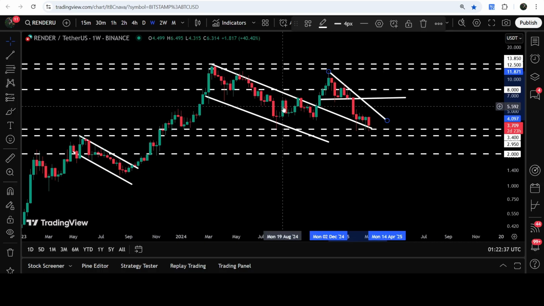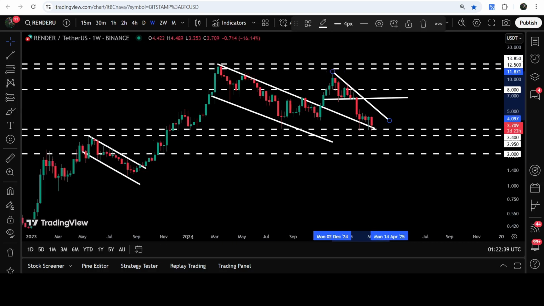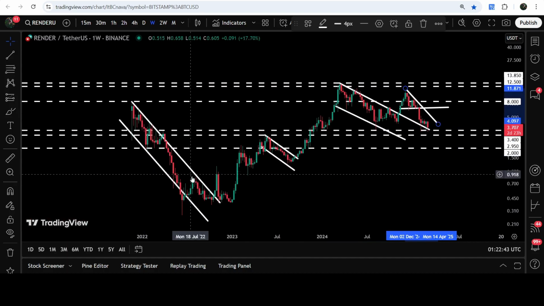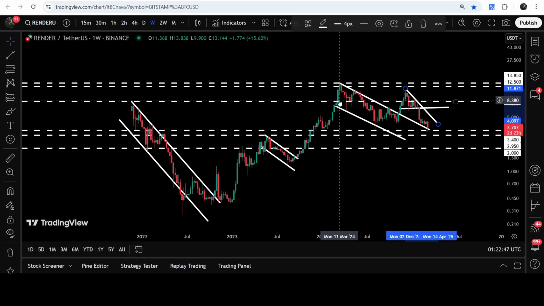And by the way, this $8 was also the target for the breakout from this previous and long-term down channel that I was showing in my previous videos when it was moving inside this channel. And you can see that we have already hit that target. And for a while, we also broke out this $8 resistance as well, because this $8 was already working as a resistance here. And after the breakout, for a few weeks, it had been working as support here.